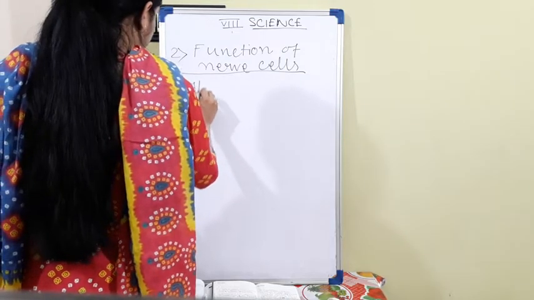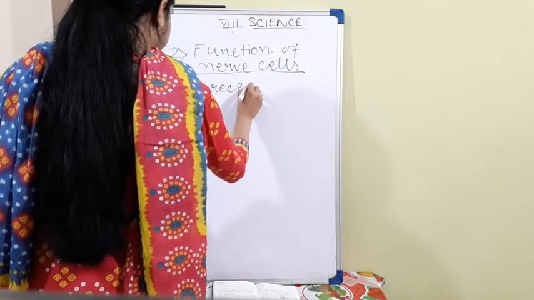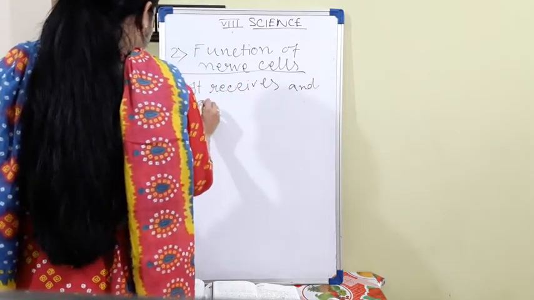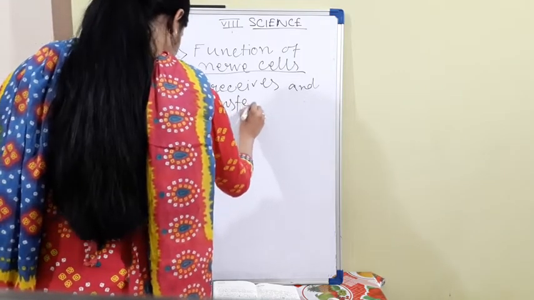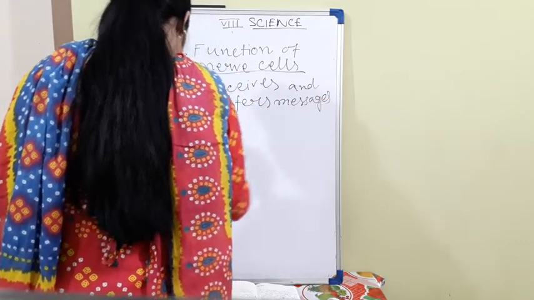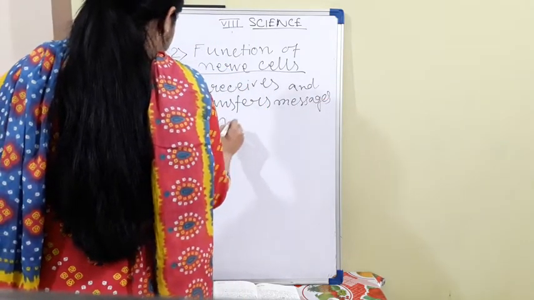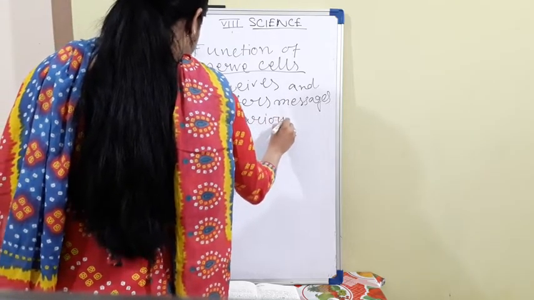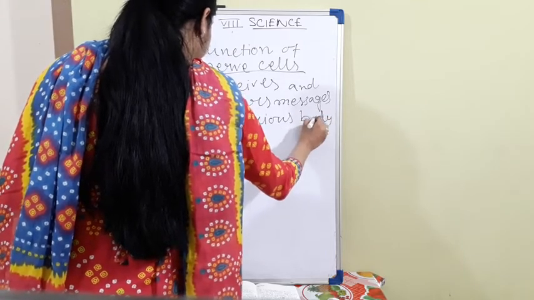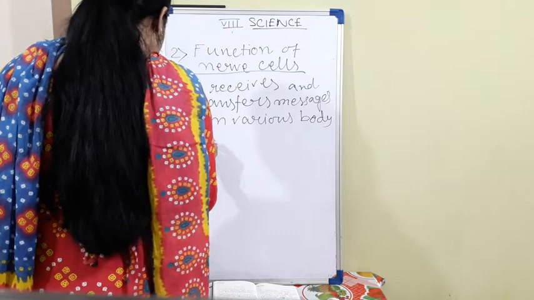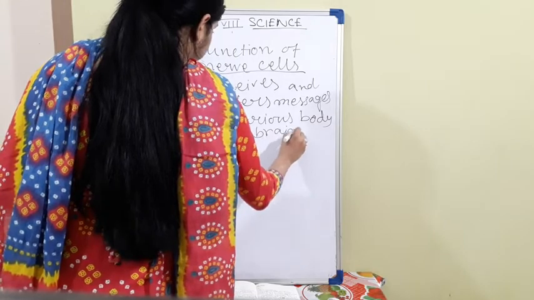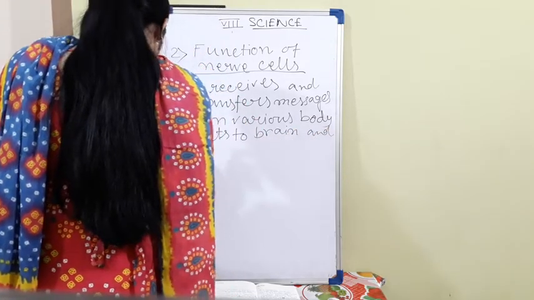Functions of nerve cells. Number 1, it receives and transfers messages from various body parts to brain and vice versa.